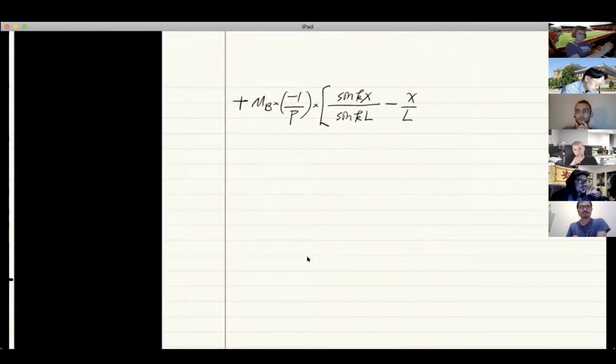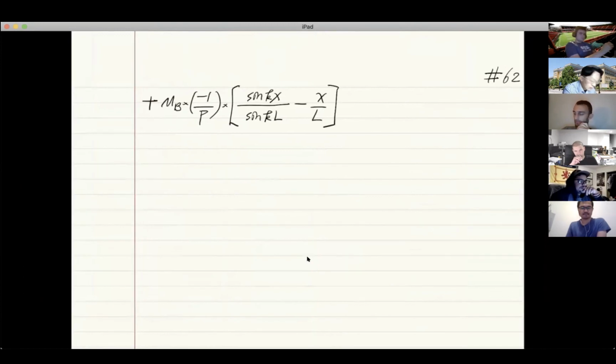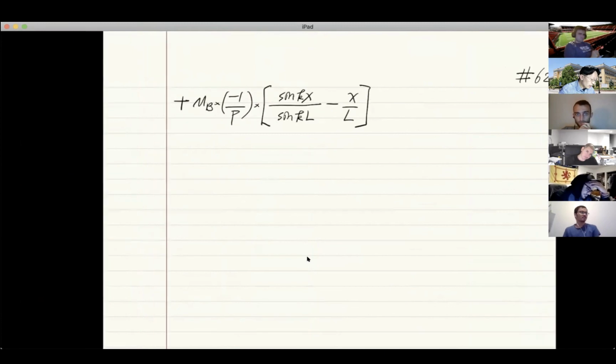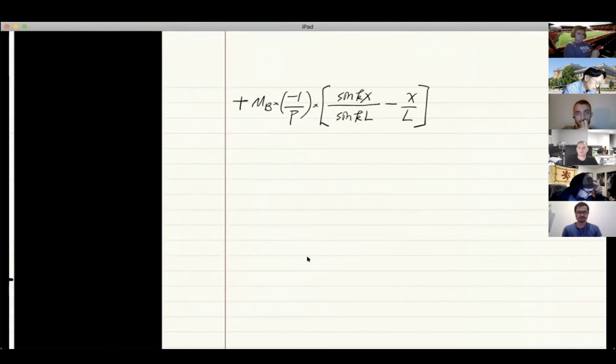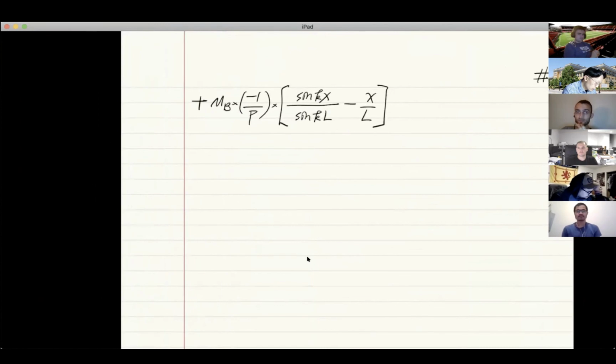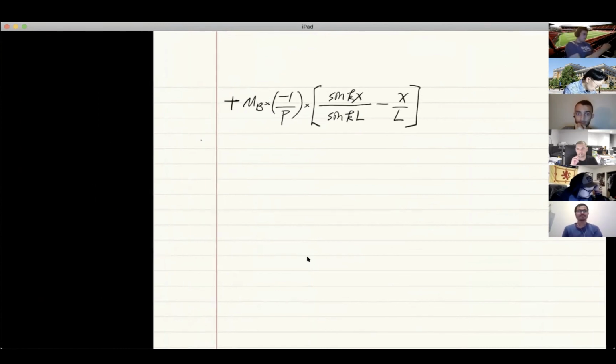So that's it, and that's MB. So now we have separated MA and MB in the expression of y of x. And we'll do the same for y prime of x. So this is step 1, and for step 2, we're going to write the expression of y prime of x, which is the slope, in the same way.